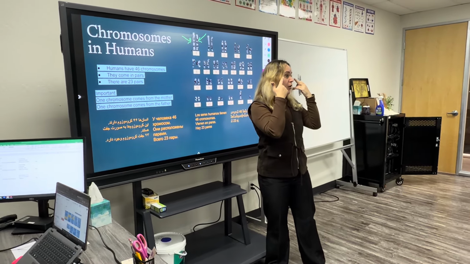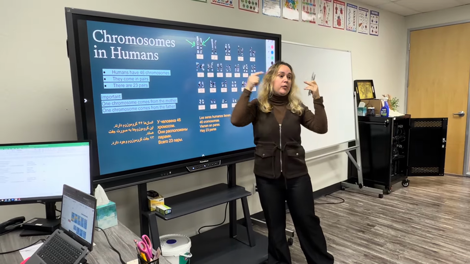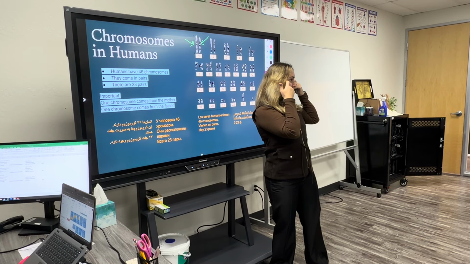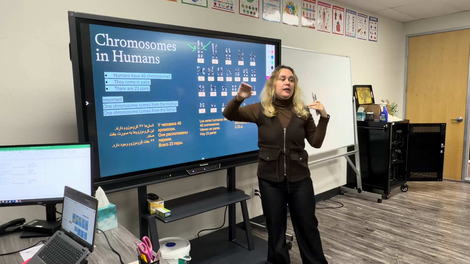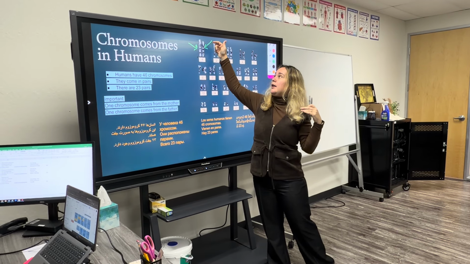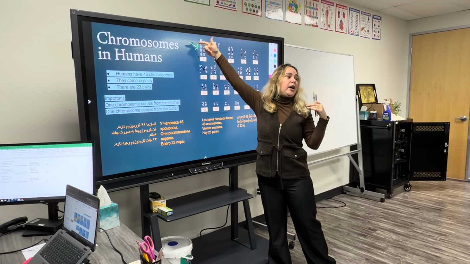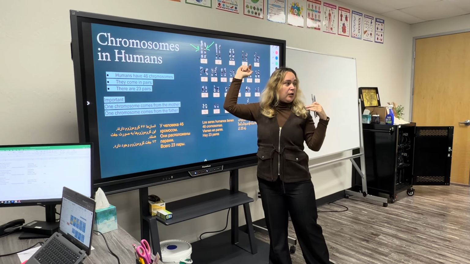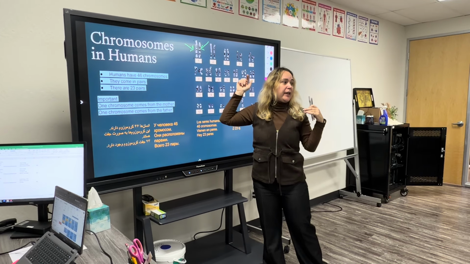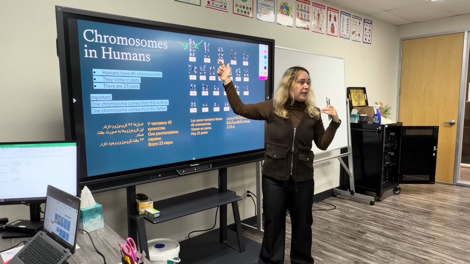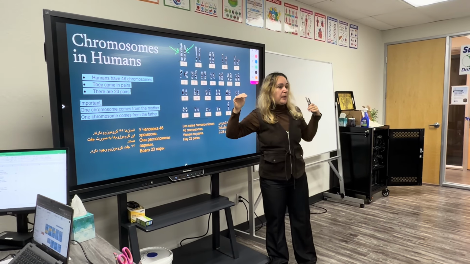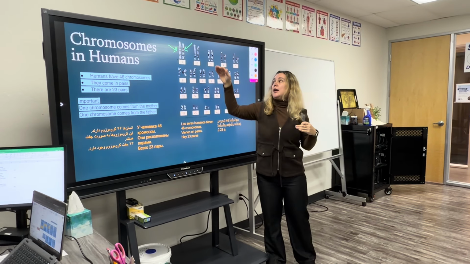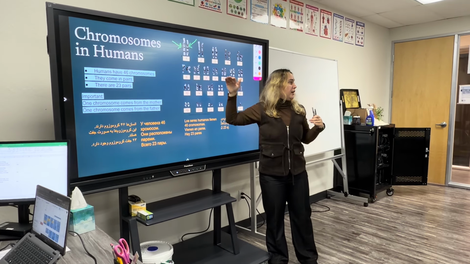For example, this chromosome and this one are for the color of our eyes. But in each chromosome, we have many genes. So for example, pair number 1 is responsible for color of eyes, color of our skin, color of our hair, shape of our head. Pair number 2 is responsible for a different part of the body, for protein formation, and so on.